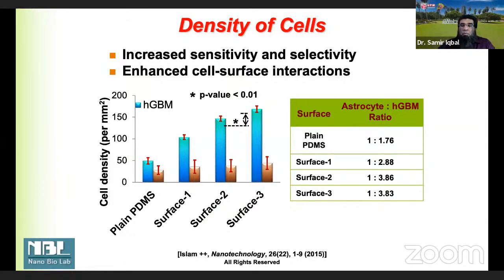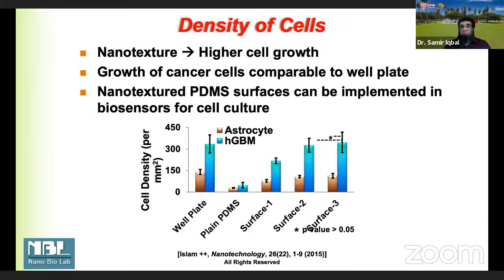We are improving the detection capability of microfluidic devices that everybody is using. But what they're using is just a plain surface of microfluidic channels, the bottom, the walls. Here, what we are doing is incorporating another dimension, which is nanotexturing that. And that gives you many, many more cells binding and higher sensitivity and selectivity.